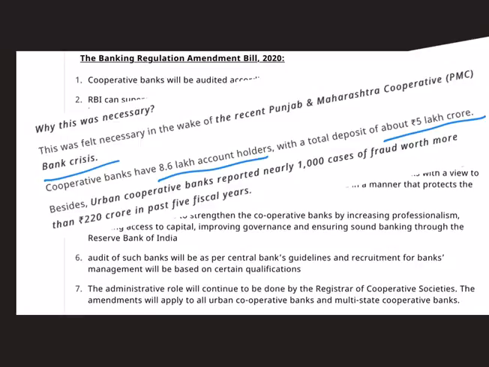So this is exactly why we cannot let these banks fail. It is because the deposits in these banks are the savings or investments of large sections of our society. And lastly, with the increasing significance of these banks, there is also a rise in the number of fraud cases with respect to these urban cooperative banks.